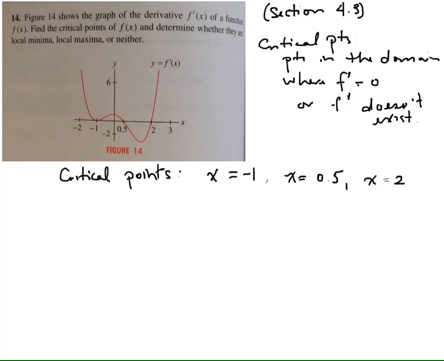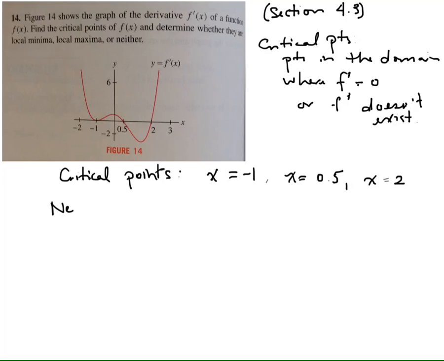Okay, well, we can tell this by looking at the sign of the derivative. So look at -1. When x is a little less than -1, the derivative is positive. That tells us that our function is increasing. And a little after -1, the derivative is still positive, so our function is still increasing.